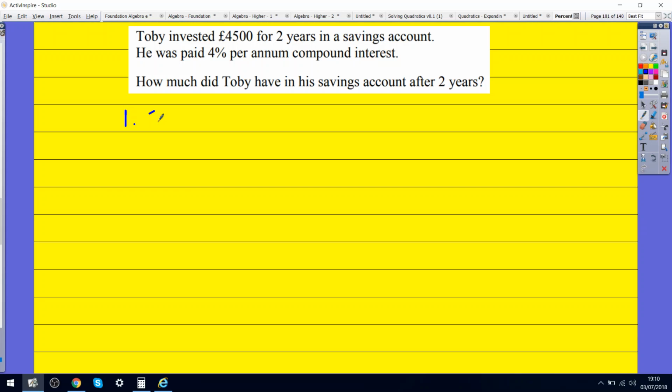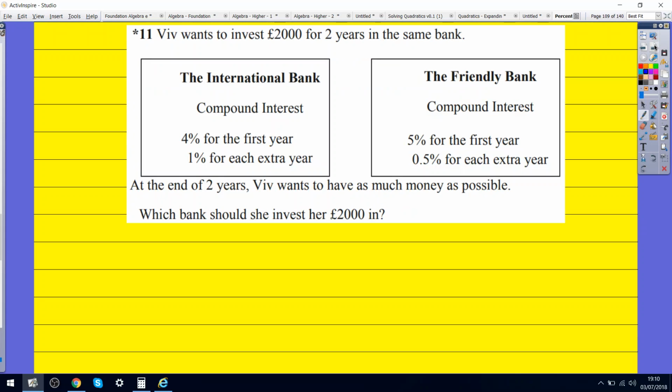That would be £4,867.20. But we need to calculate how much was saved, so we just minus the original. So 4867.2 minus 4500, which is £367.20. Well done.